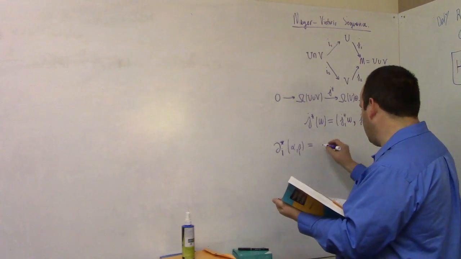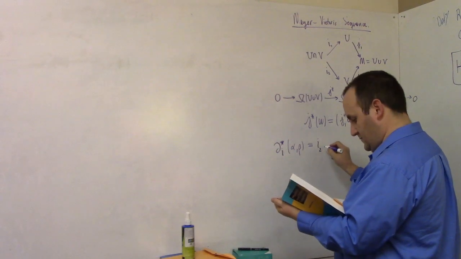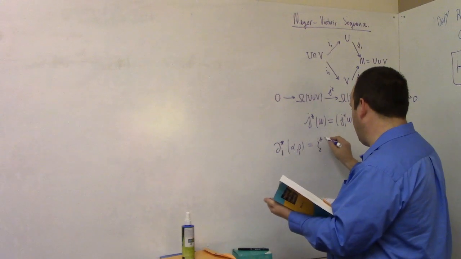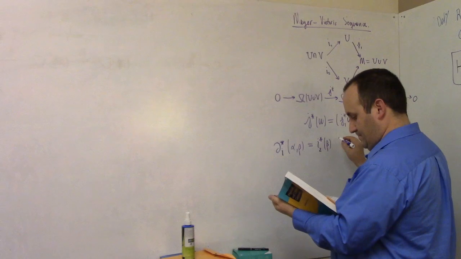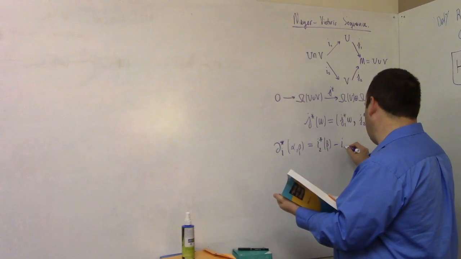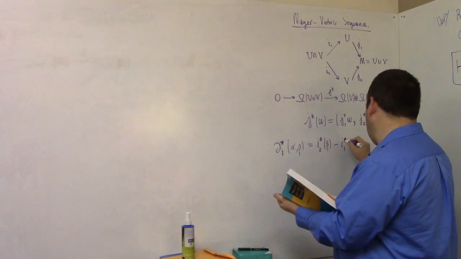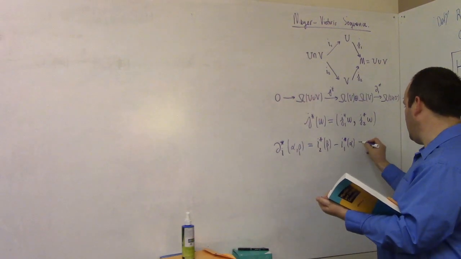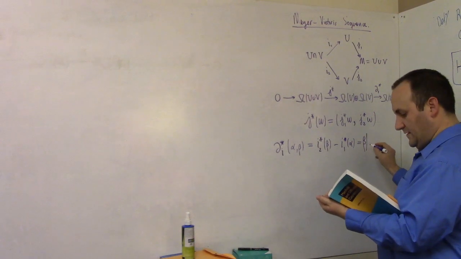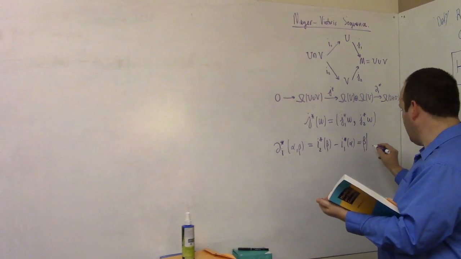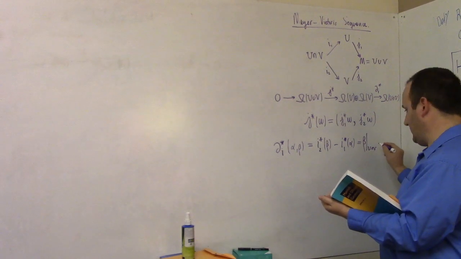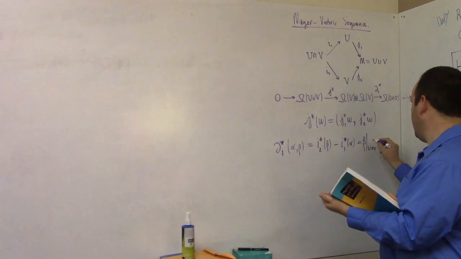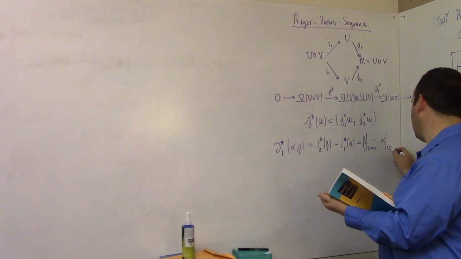So here's what it is. It's the pullback under I2 of beta minus the pullback under I1 of alpha, which he points out is equal to beta restricted to the intersection minus alpha restricted to the intersection.